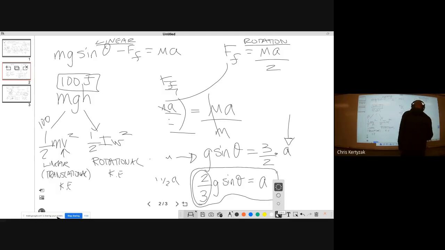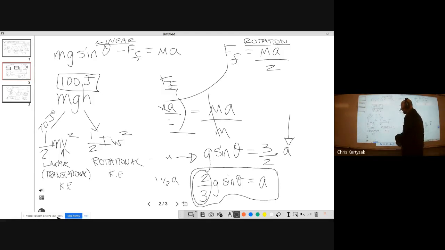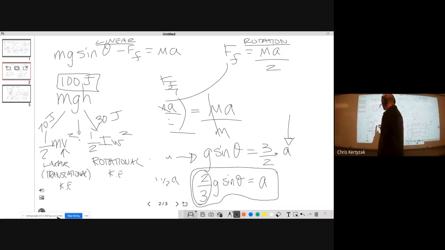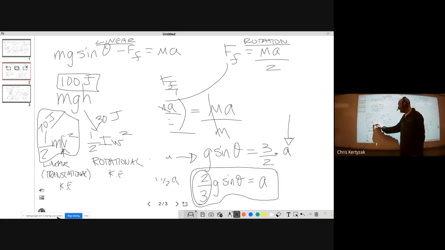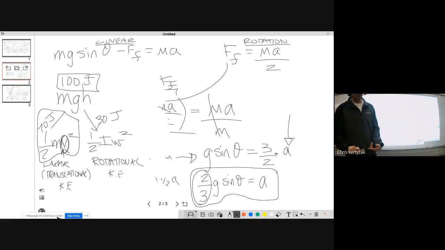However, when you're referencing the puck that's rolling, if it starts off with 100 joules of potential energy, let's say 70 joules goes into it moving translationally down the ramp, leaving only 30 joules to go into the rotational motion. And since the kinetic energy has less, 70 joules compared to the full 100 before, the linear velocity v must be less, because some of that energy is turning into rotational energy.